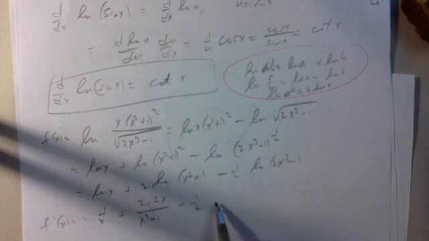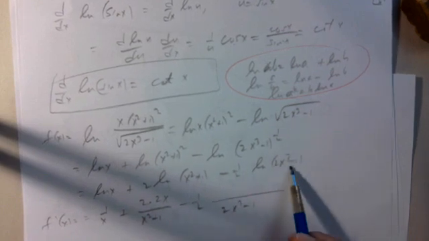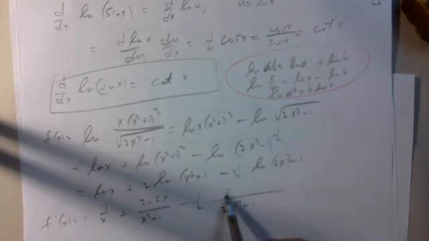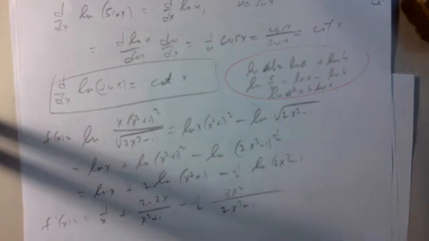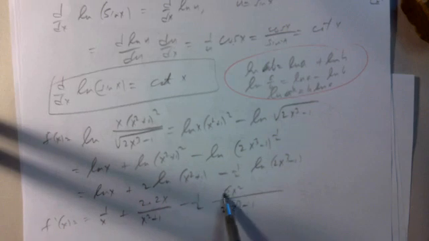The derivative of this log is 1 over 2x cubed minus 1 times the derivative of 2x cubed minus 1. Oops, sorry, 2x cubed, and I differentiate that, I get 6x squared. So that's the result.